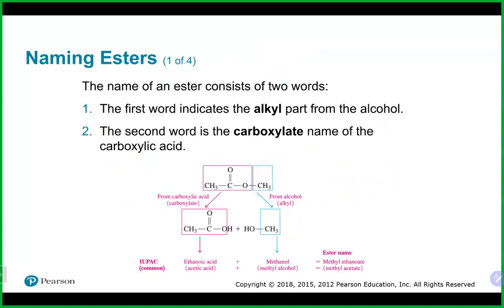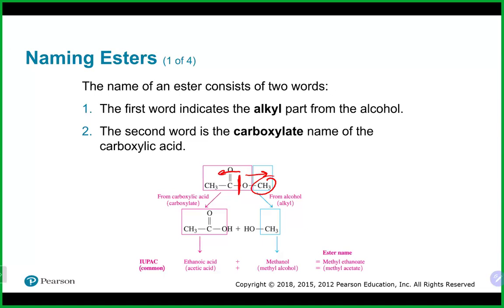So we talked about naming, but just to reiterate, that's where you want to look, personally, between the carbon and the oxygen, and go away. For our alcohol part, go through the double bond to our carboxylic acid part. The carboxylic acid part becomes the base of the name, and the alcohol part is really named as a group.